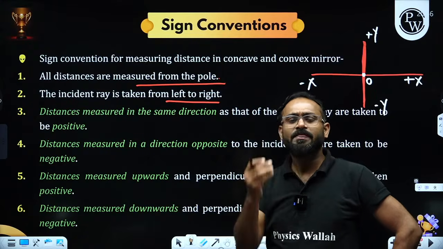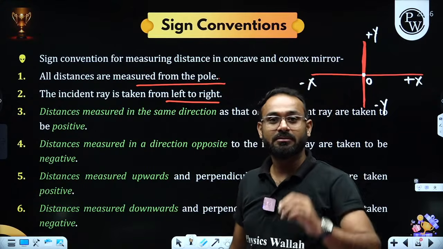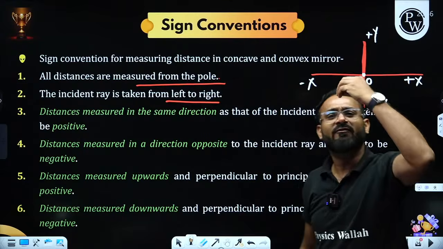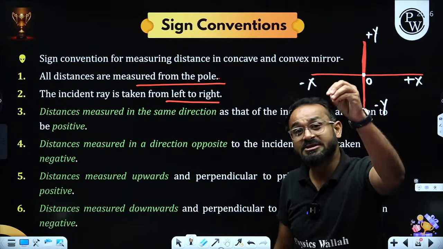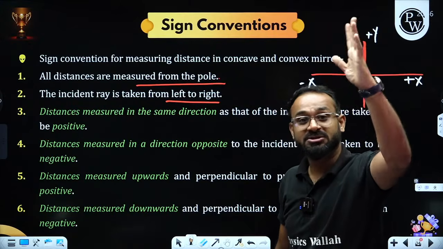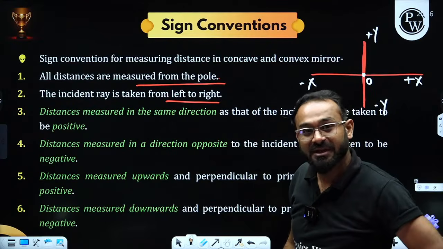My point is, consider the pole is kept at the origin. Whatever mirror you are considering, just place the pole of that particular mirror at the origin. Now I am saying the object is kept on the left hand side.